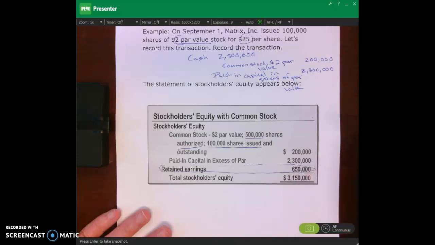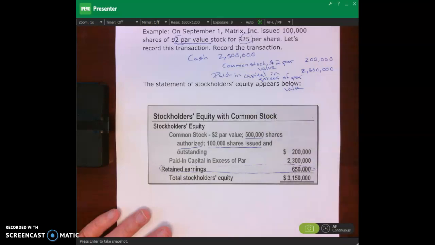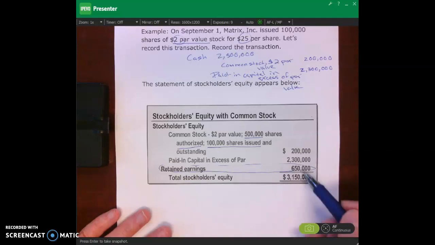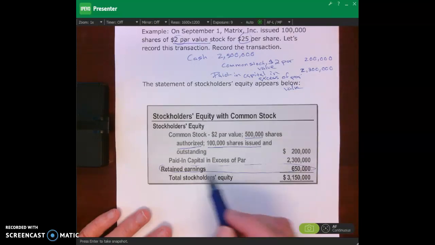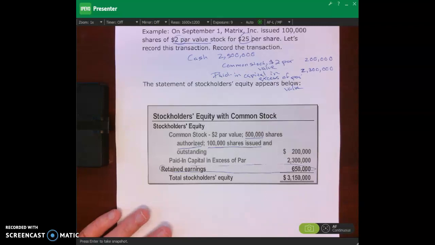Okay, so you can see how this is different from what we talked about back in chapter 1, where we had our statement of owner's equity. We didn't show common stock there, and we also didn't show retained earnings. And so remember, with retained earnings, we show that for a corporation, that is our cumulative net income and net losses over time, less our dividends.